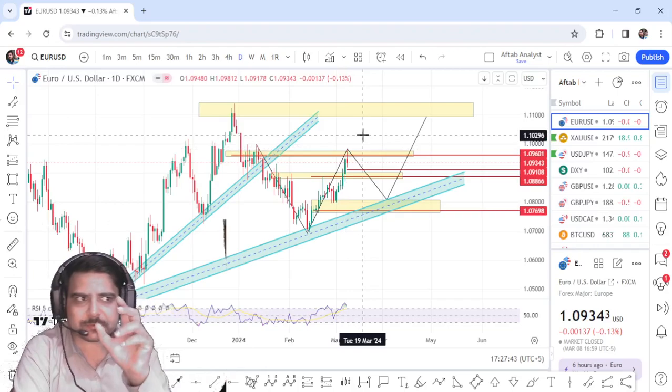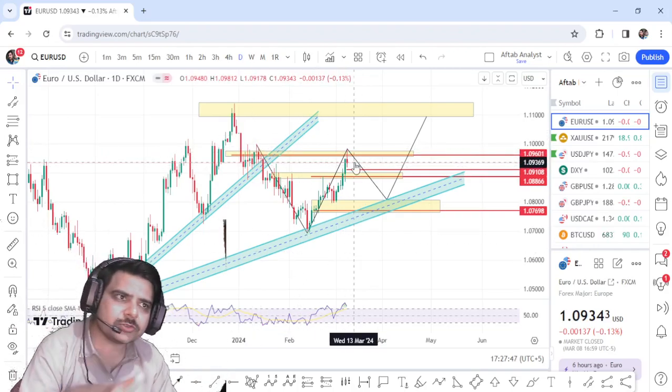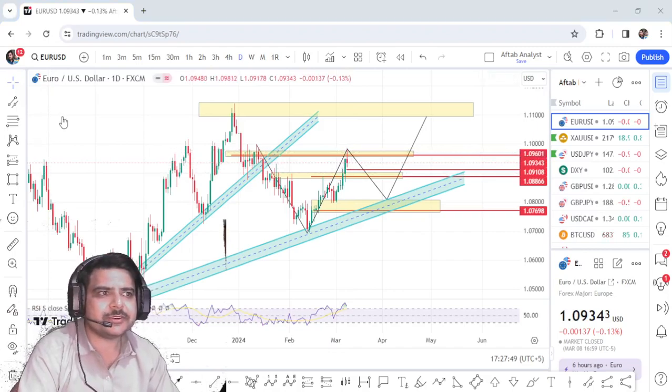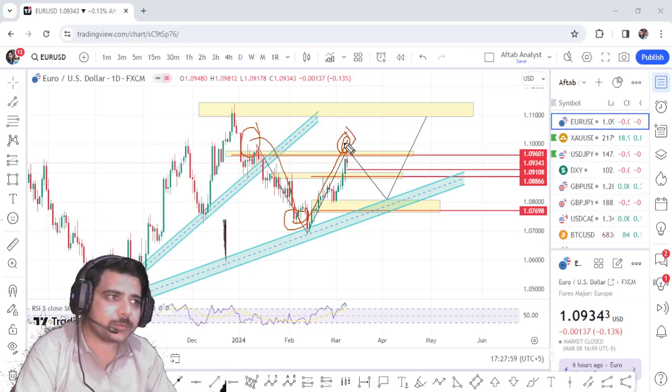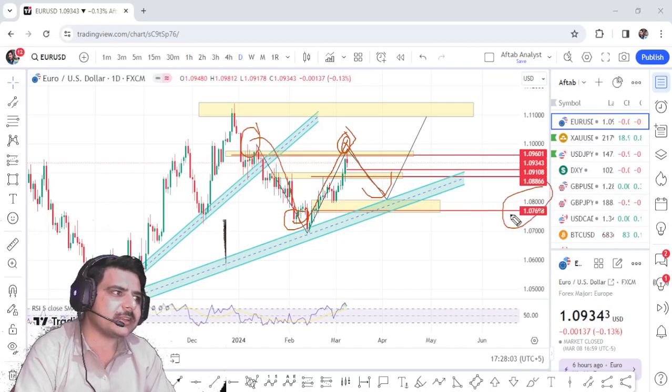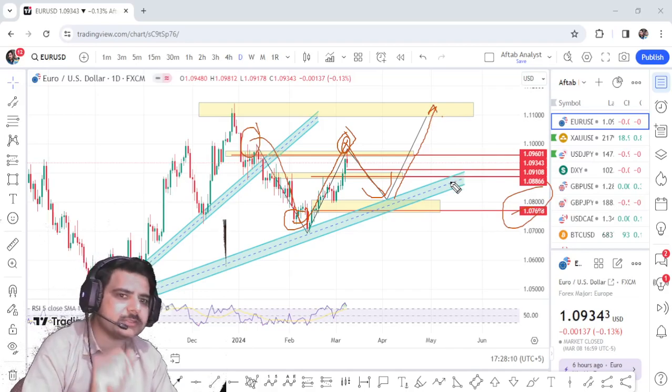If you give me some comments, I will explain this V shape story, start, and pattern with all of you right here. Started from here, we took advantage of it, then started from here, we took advantage of it, and now it is predicting a drop towards 107,698, from where I'm planning to add more buy positions towards 1.12.